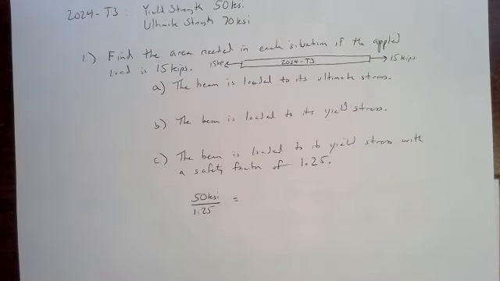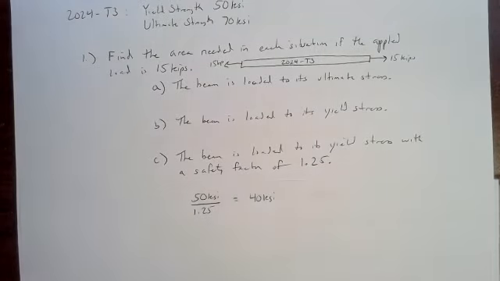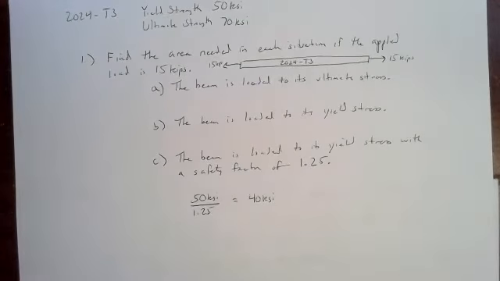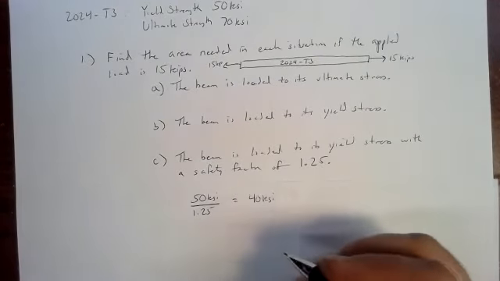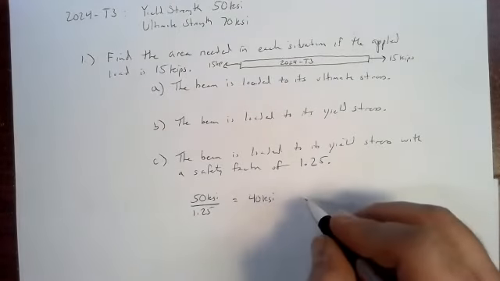Dividing by 1.25 is the same as reducing to 80%, and that gives us 40 ksi. So here we're going to assume the material is weaker and that it can only handle 40 ksi before it yields. We're going to need a larger area to make sure we don't hit that reduced strength.